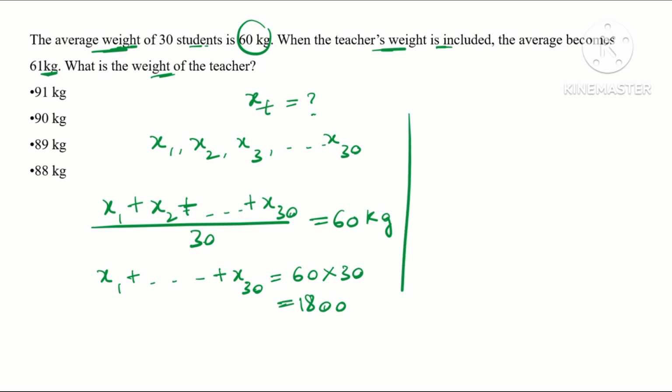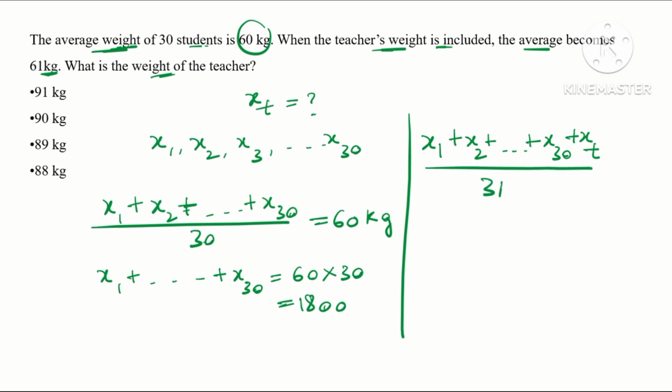When the teacher's weight is included, the average becomes 61 kg. So x1 plus x2 plus so on up to x30 plus xt, divided by 31, equals the given 61 kg.